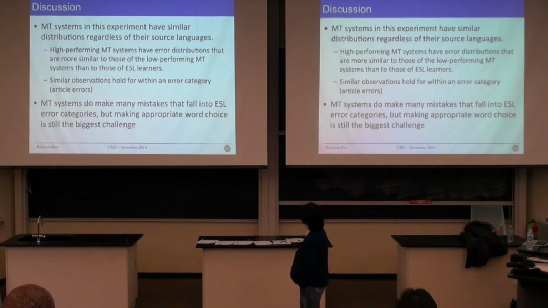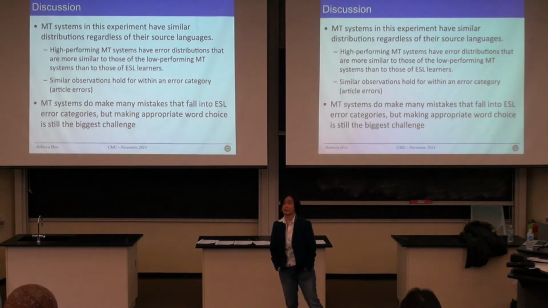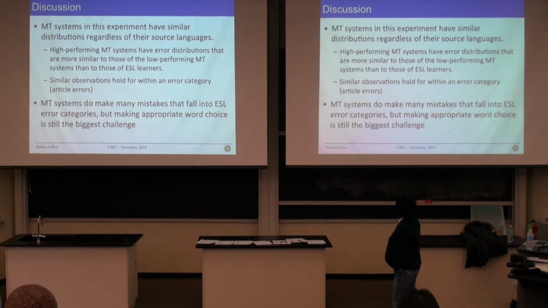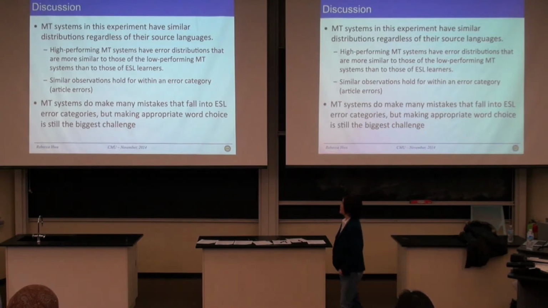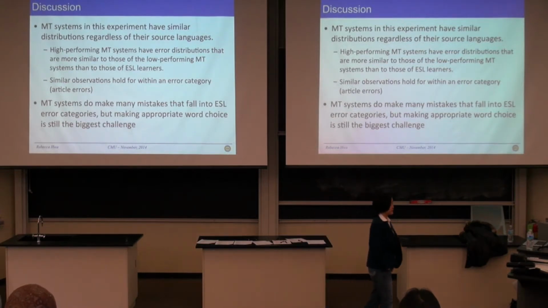So far we've seen that our MT systems in this set have very similar distributions, regardless of their source languages and regardless of error types. But we also note encouragingly that many MT systems do make mistakes that fall into one of the ESL categories.